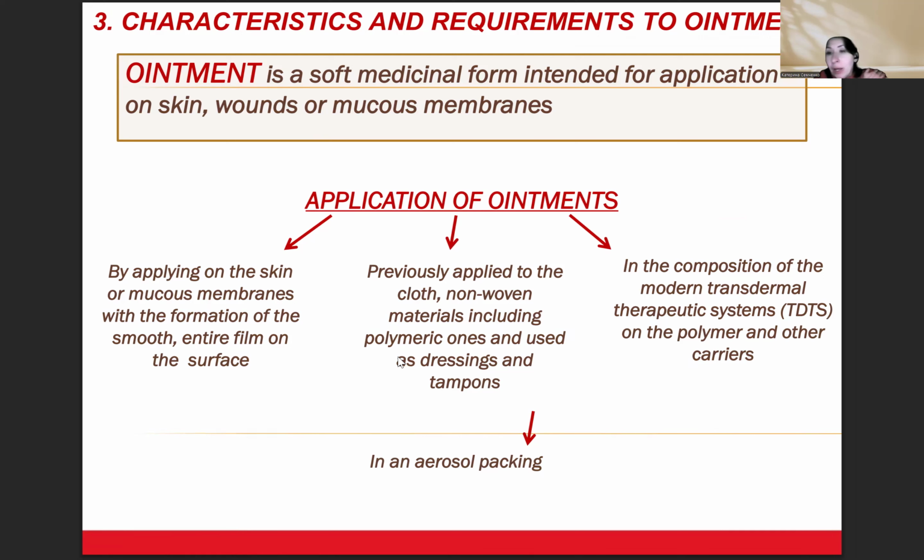You just apply it on top of a wound, for example, close it for 1 day, and after that you just change it. Also it can be in the form of aerosol packaging. So all of that stuff called sunscreens, lotions for healing wounds and so on, is also a kind of semi-solid dosage form. It's also a kind of ointment.